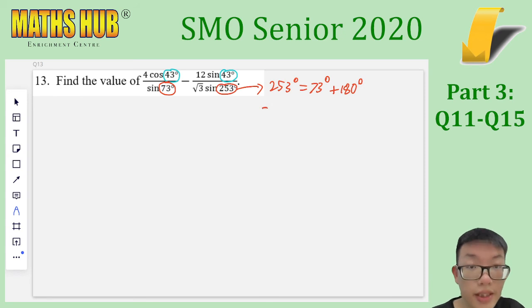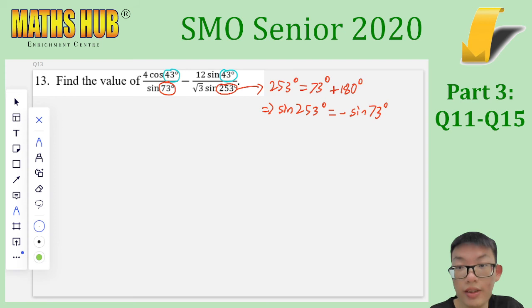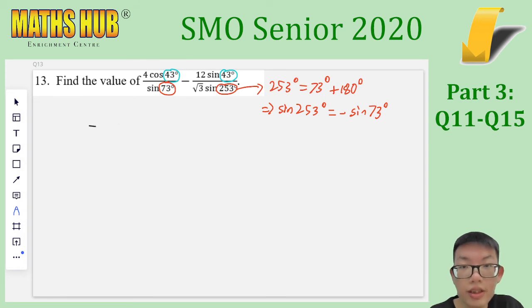And so that means that sine 253 degrees is actually negative of sine 73 degrees. Hence, both of these fractions actually have sine 73 degrees in their denominator. So we can combine them together and treat it as a single fraction, which already looks a little better than before.